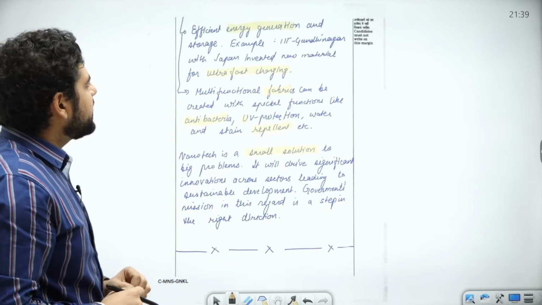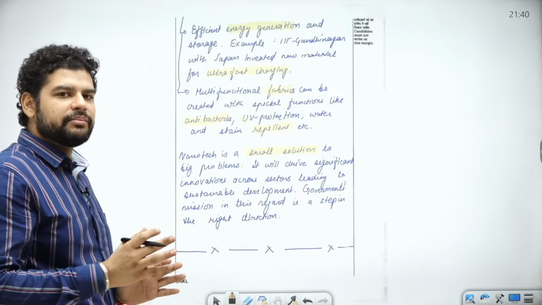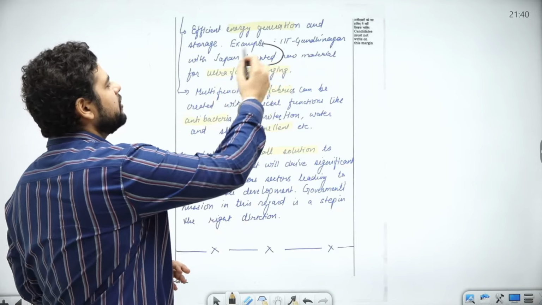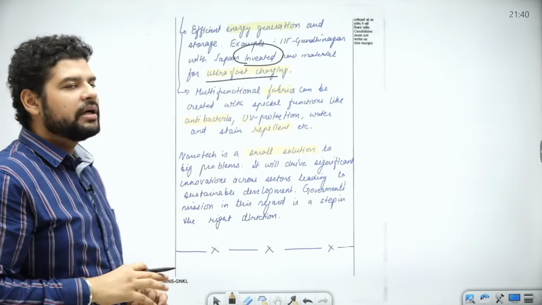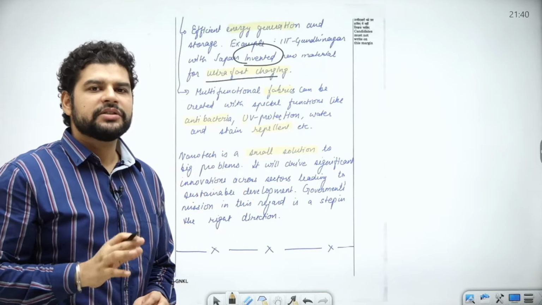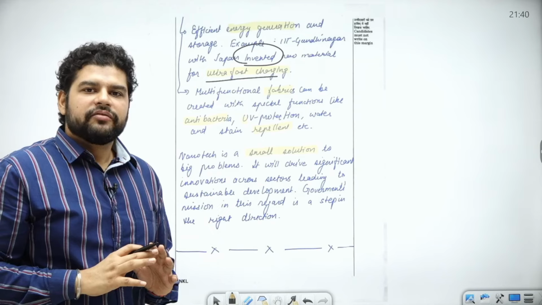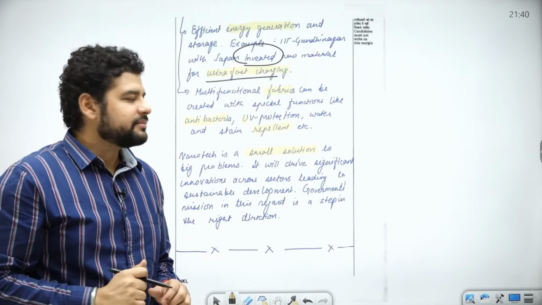Next is efficient energy generation and storage. I've already explained this. So what are the examples? Japan and IIT Gandhinagar have collaborated and invented a new material for ultra fast charging. So this is very important because ultra fast charging is very useful in creating portability of any machine.